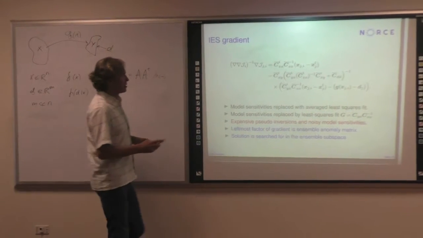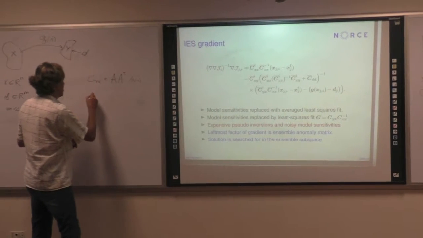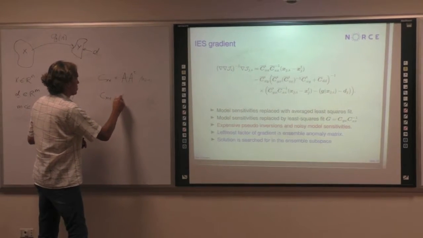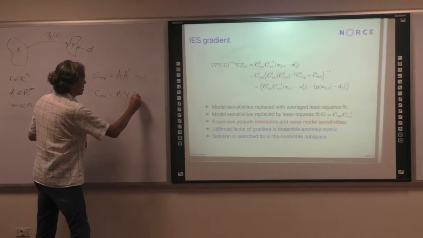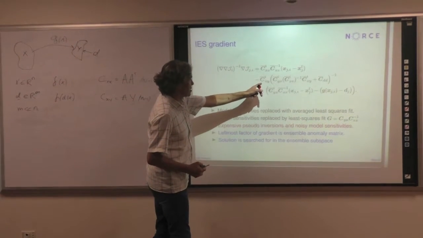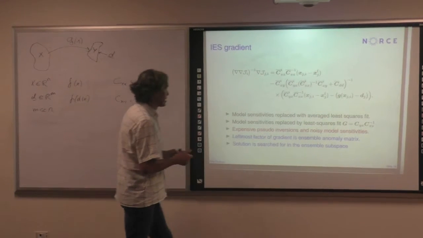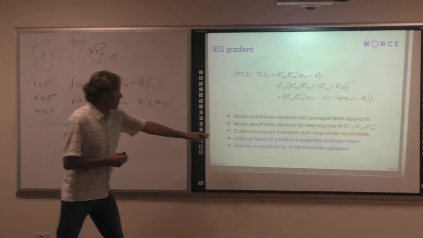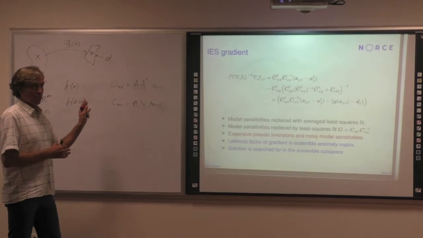And that means that the leftmost matrix here is A. C_XY is equal to A times Y transposed divided by n minus 1. So here also the leftmost matrix is A. So the leftmost factor of the gradient is the ensemble anomaly matrix.